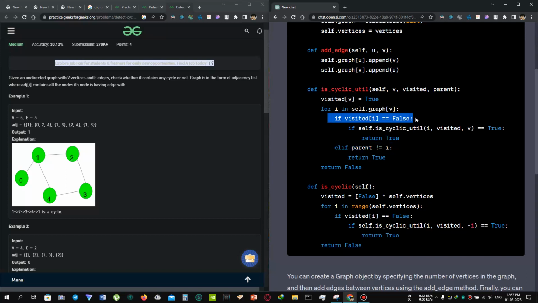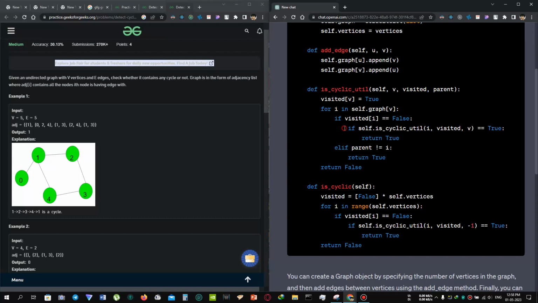Here the if condition is there. So if it is not visited, then we should check if it is creating any cycle or not. So we will call this function isCyclicUtil, and we will send I, and what will be the parent this time? V, right? Because I is a neighbor of V, so the parent for I will be V, right?